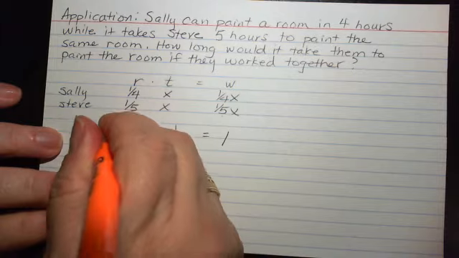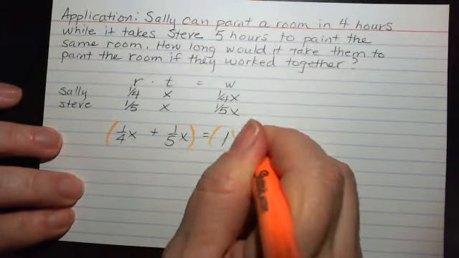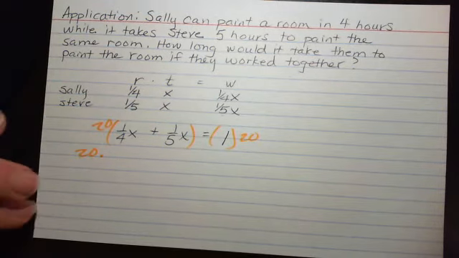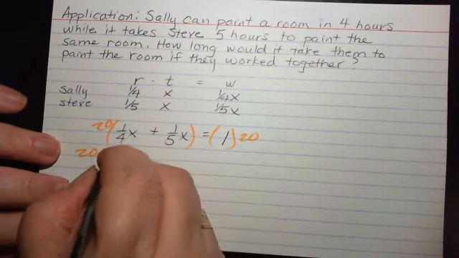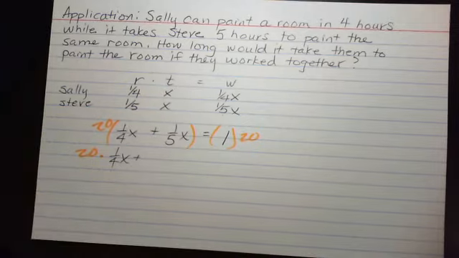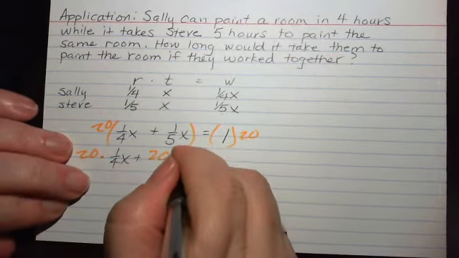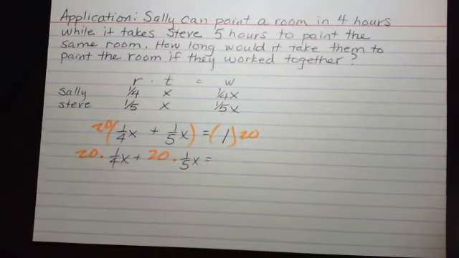For 4 and 5, the least common denominator is 20. So we're multiplying 20 times 1/4 X plus 20 times 1/5 X is equal to 20 times 1.